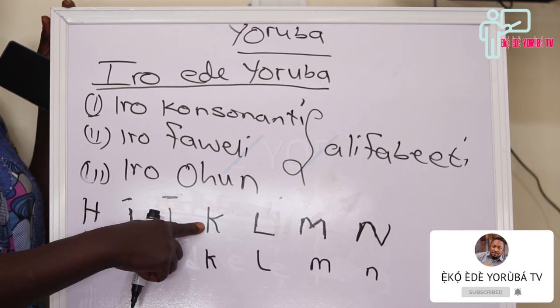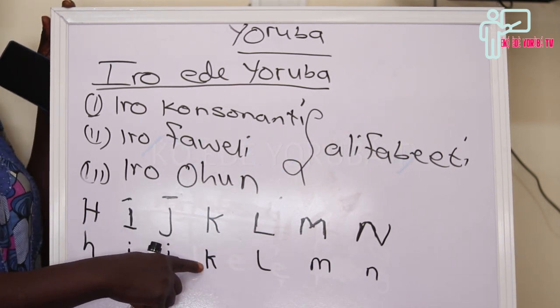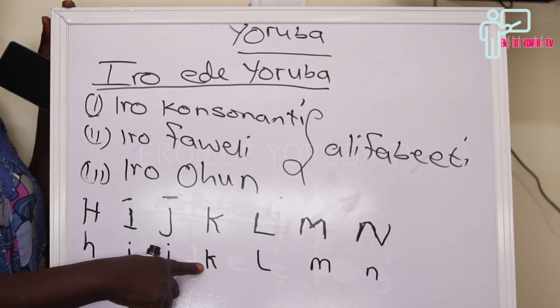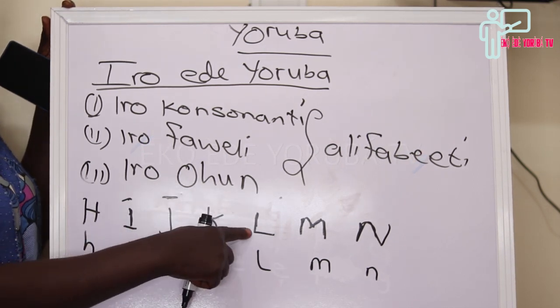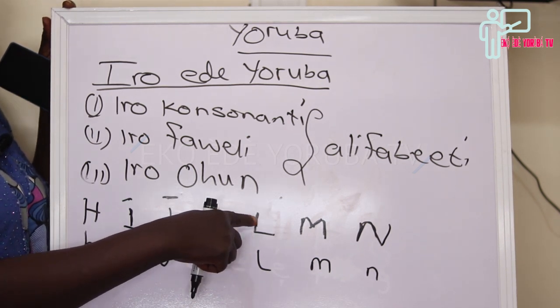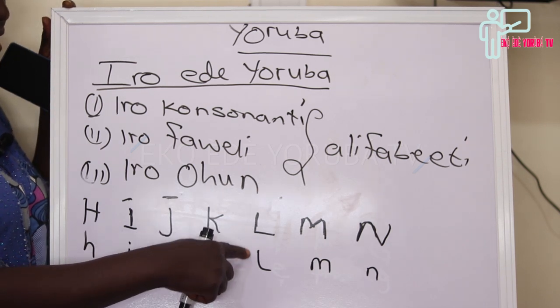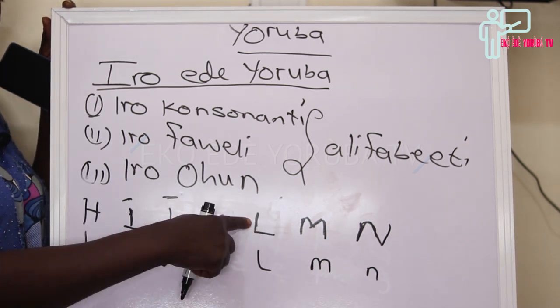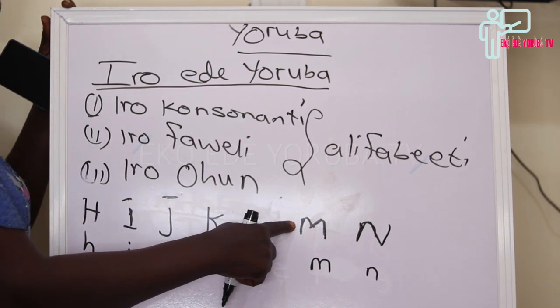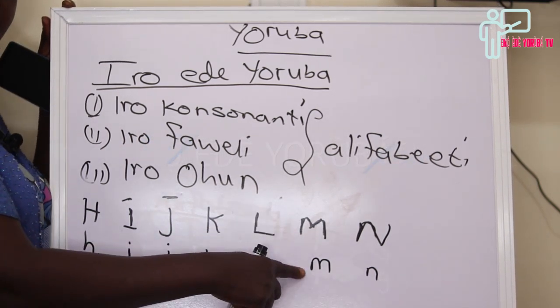Capital letter K, which is ki, small letters, letter kékeré, ki. Letter L, which is li, capital letter in English, li kékeré, lila. M, small letter, M.